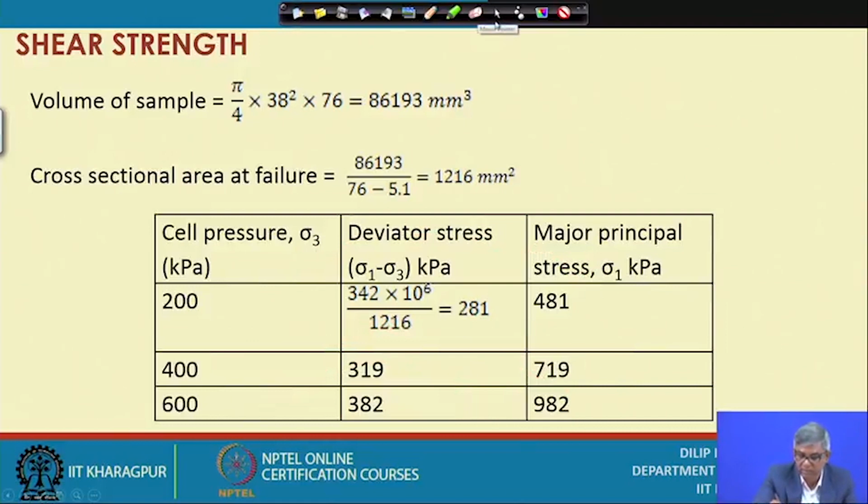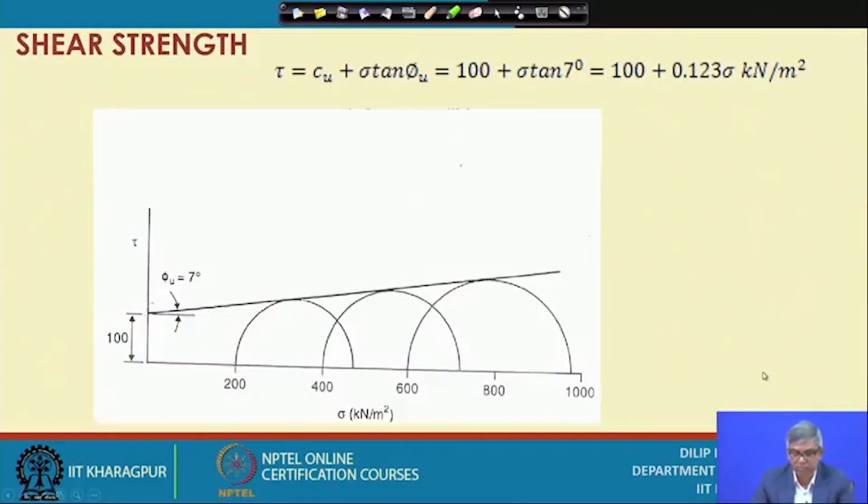We can see in the next slide we could draw 3 circles. First one is 200 sigma 3 and the corresponding sigma 1 value 481, then 400 and its value, then 600 sigma 3 and its corresponding sigma 1 value.